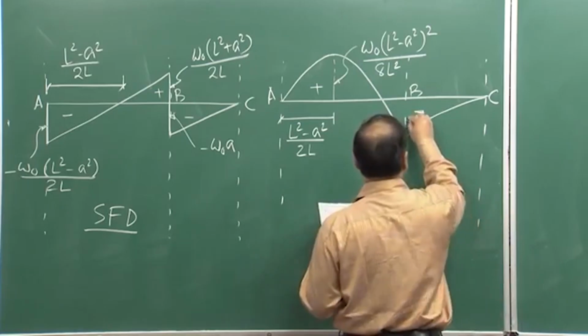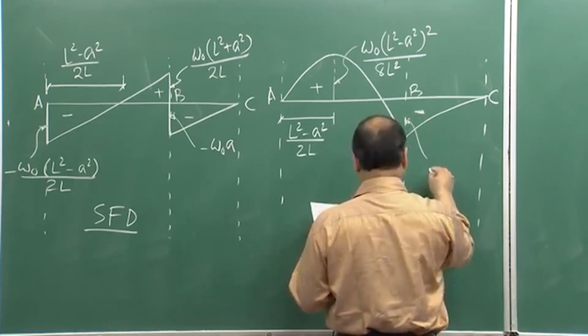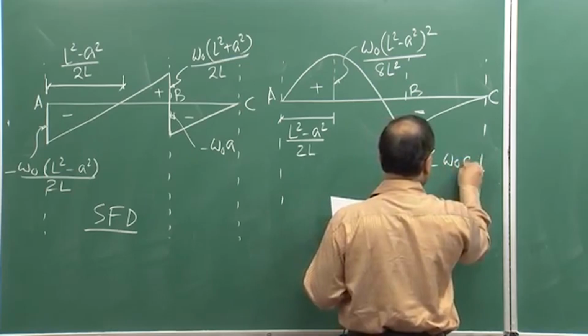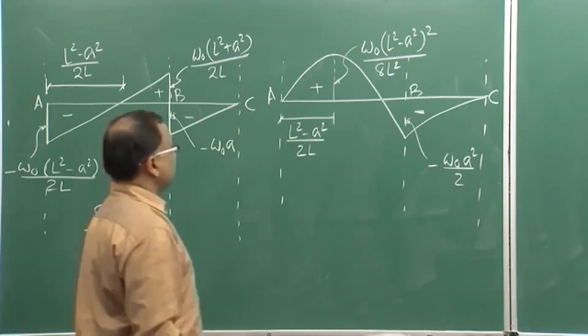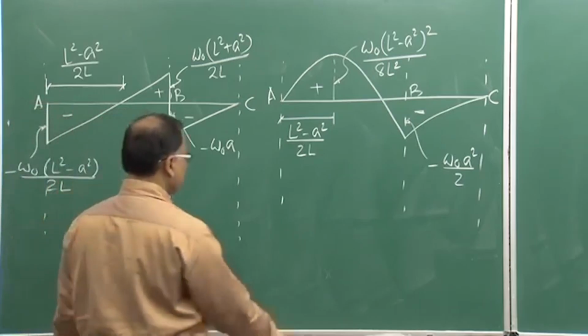And this was the value calculated as W naught A square by 2. So, this is your typical BMD.